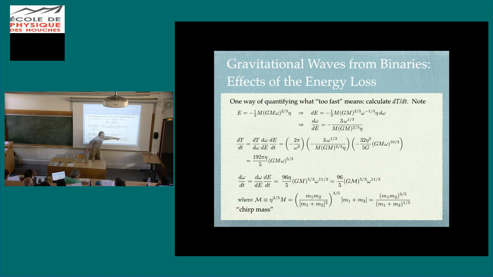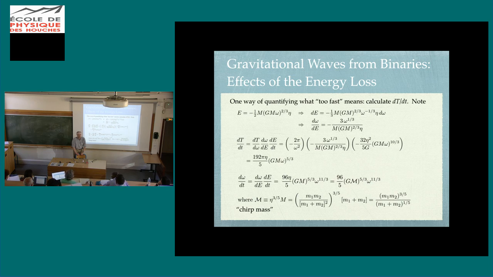And so here is an expression, and you can see that the rate of change of the frequency, for a given frequency, depends solely on that script M mass. That's called the chirp mass. Okay? And the whole point of the chirp mass is that it gives the rate of change of the frequency at a given frequency.